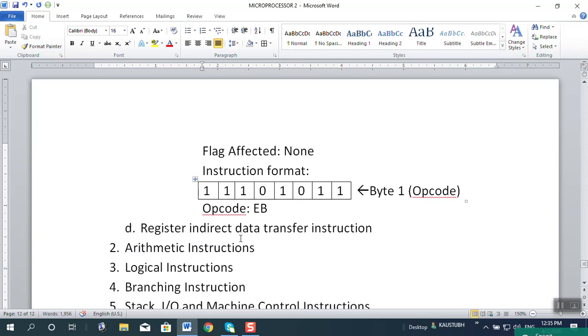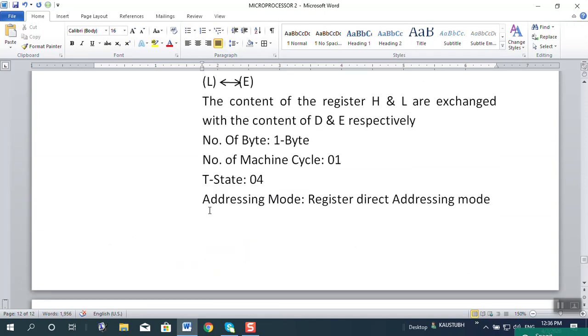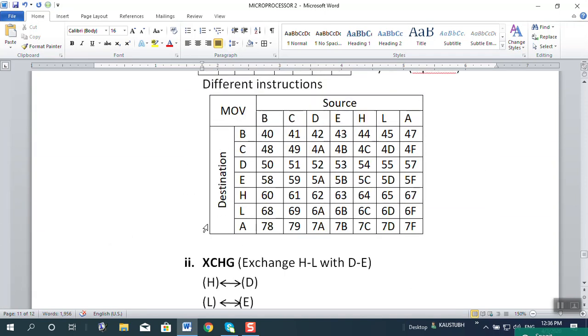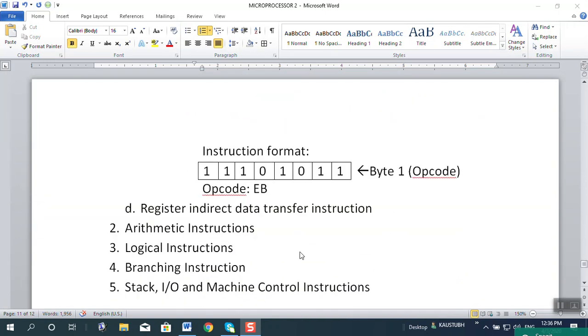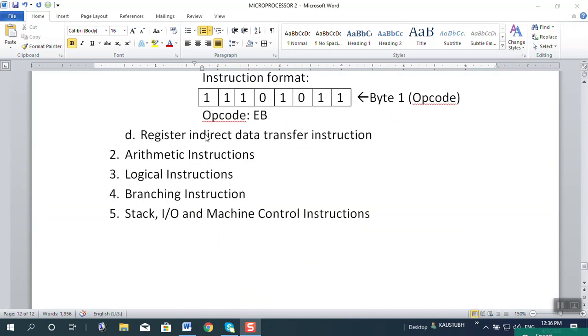Okay. So these are the two instructions only under the register direct data transfer. Next is your register indirect data transfer instruction.